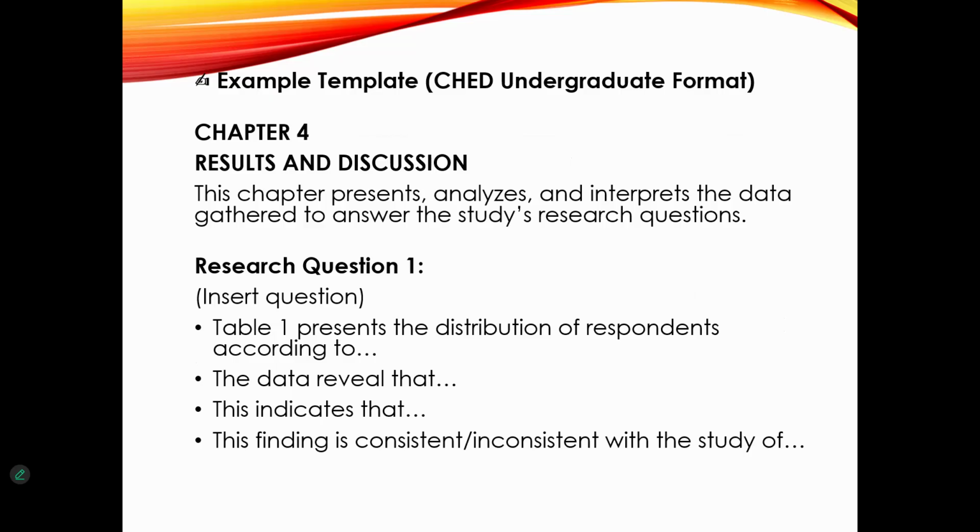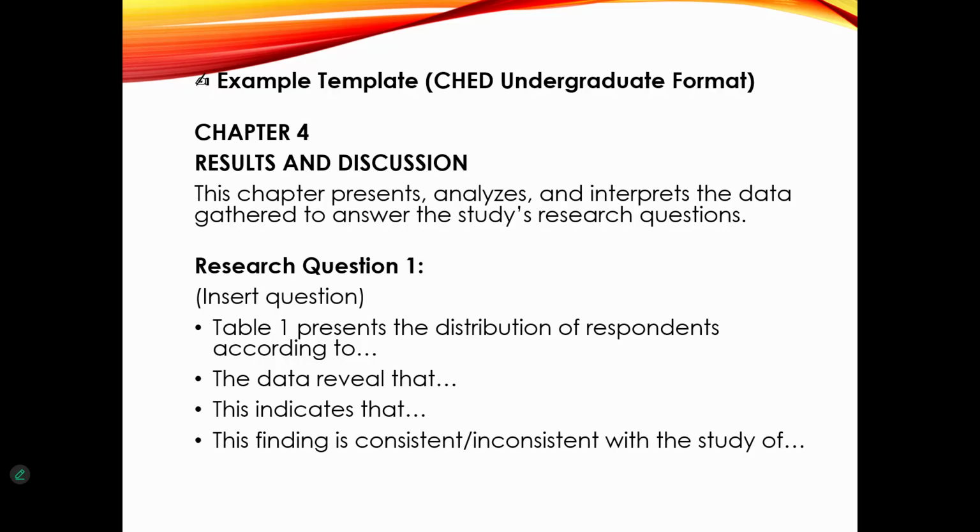And then you put your research question number 1. You copy your question from your chapter 1, and afterwards, you put some initial paragraph to introduce the findings, and then you present the table.